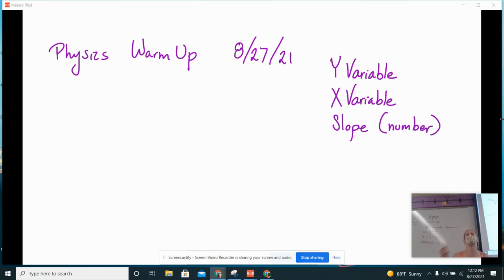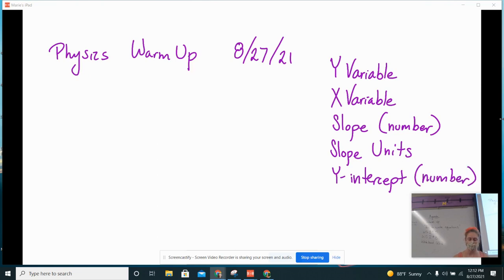You know how you can calculate the slope? Does that make sense? Okay. And then I want to know the units for the slope are correct. Then you have the y-intercept. So I'm talking like the actual number here again. And the y-intercept units.